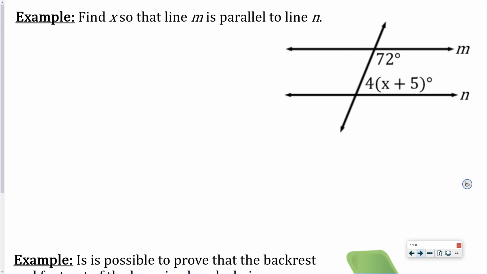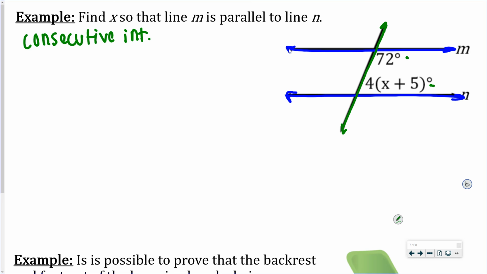Okay, again, we need to find x. This time, we want to show line M is parallel to line N. All right, so here's my transversal. What are these relationships? Consecutive interior. Consecutive interior converse says that if those angles add up to what, folks? 180, yep.